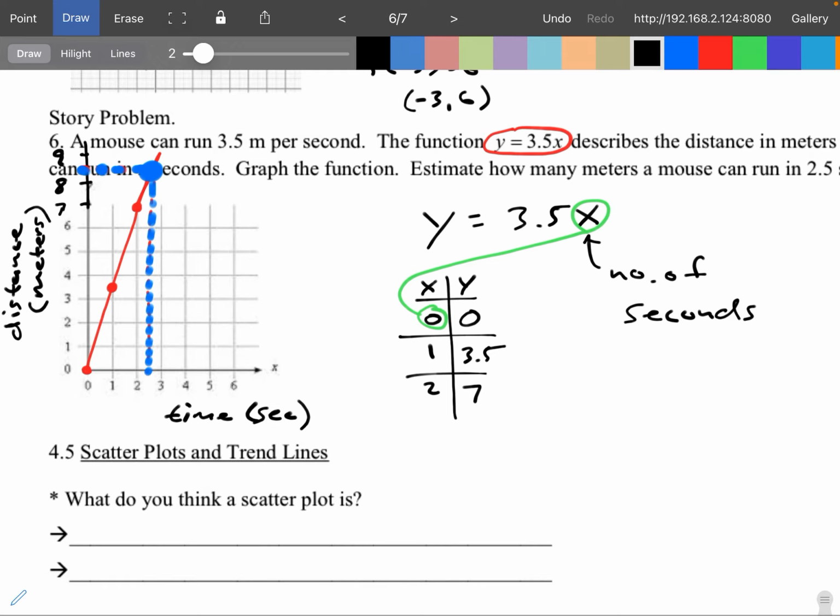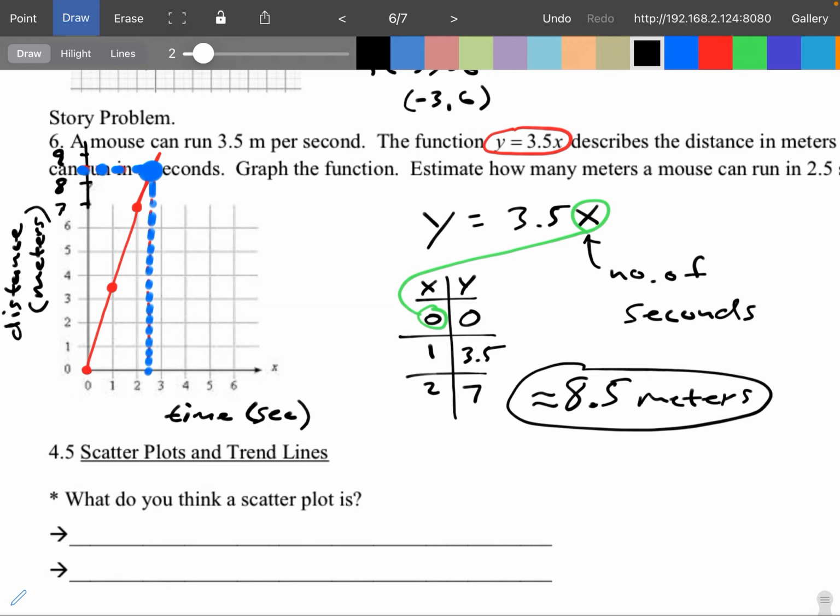So we're gonna estimate that when x is 2.5 seconds, the mouse can run somewhere between 8 and 9 meters. I guess I'll just write it down. Somewhere between 8 and 9, about the best I'm gonna do is say 8.5 meters. And again, that's approximate.